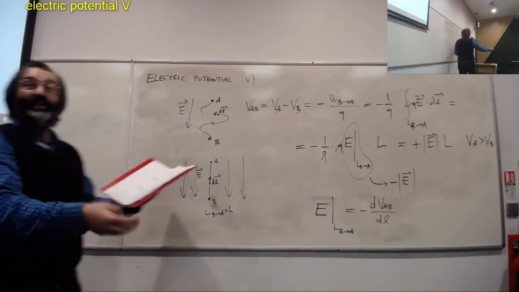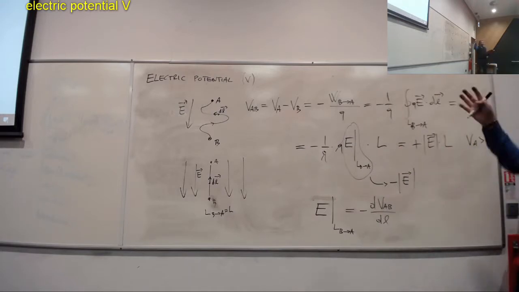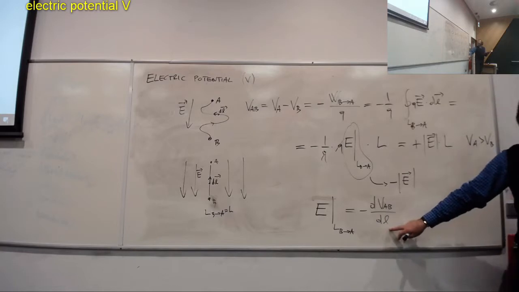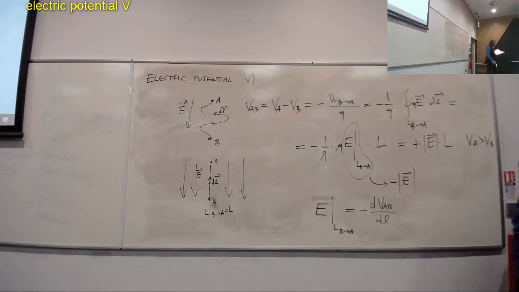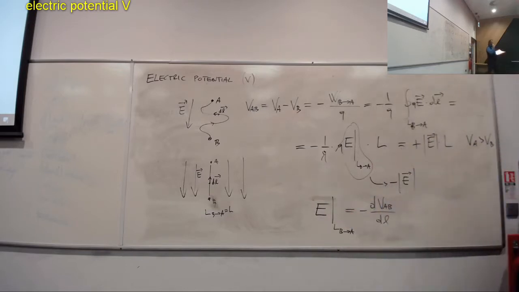I've basically reversed this relation, and by deriving both parts with respect to dl, the electric field is minus the derivative of the potential.